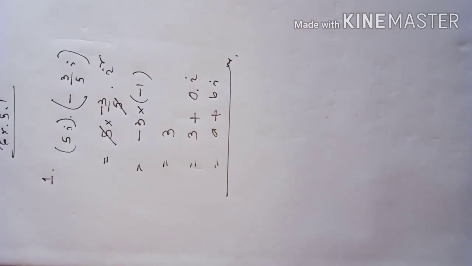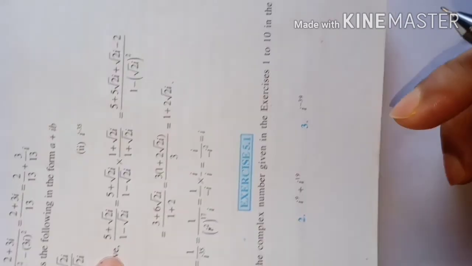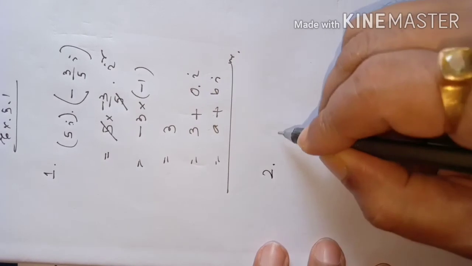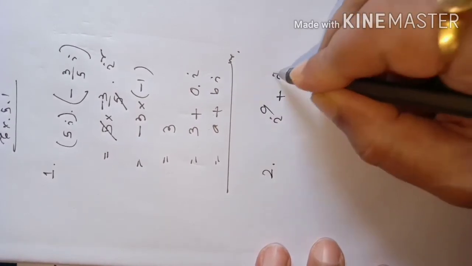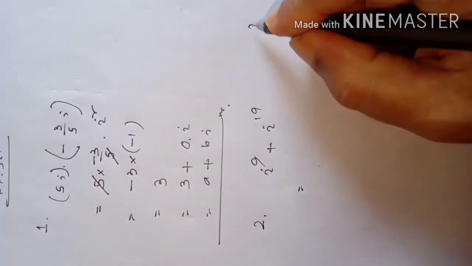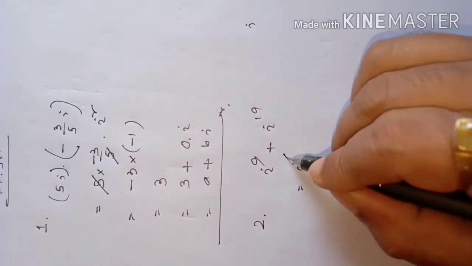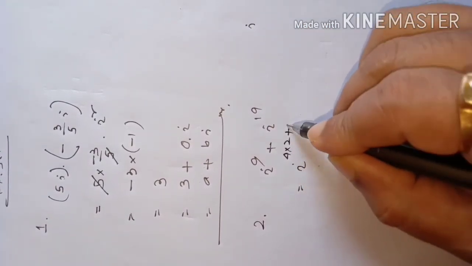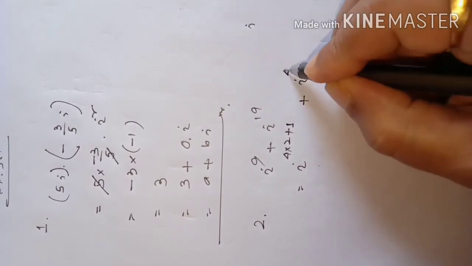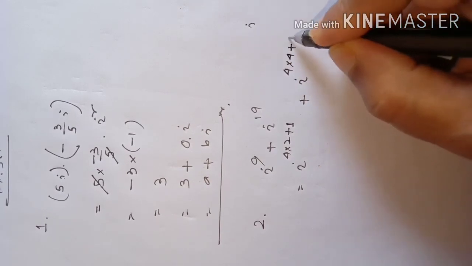Next number you see, iota to the power of 9 plus iota to the power of 19. That we have to express in the form of a plus b iota. If we express it in the form of iota to the power of 4k plus r, then it will be iota to the power of 4 into 2 plus 1, plus iota to the power of 4 into 4 plus 3.